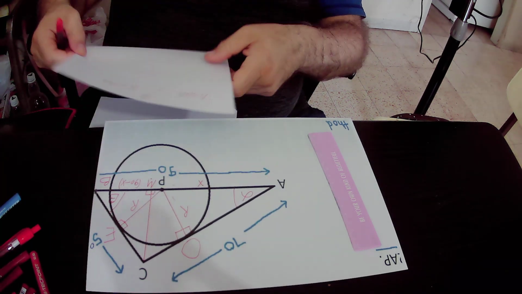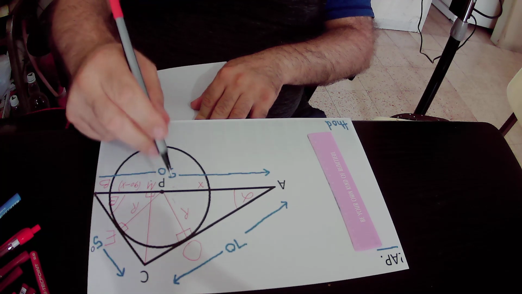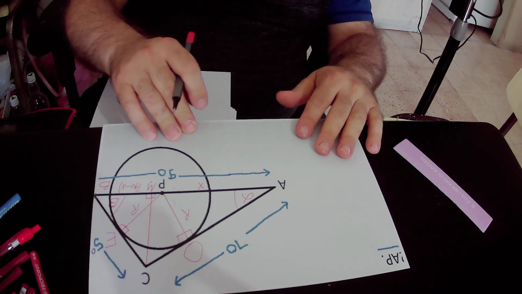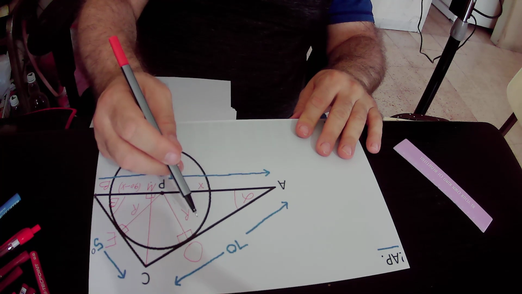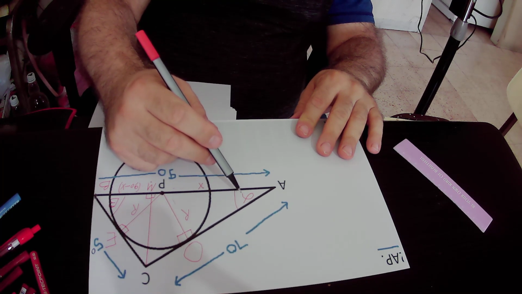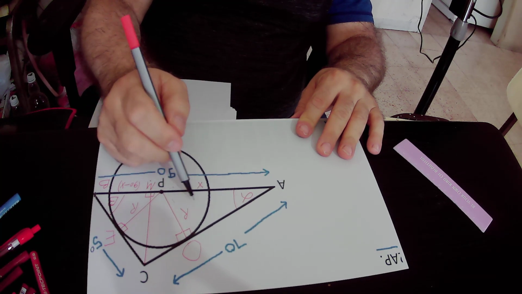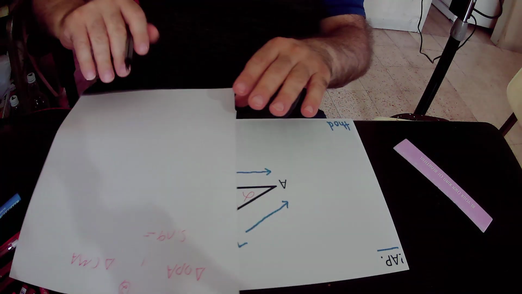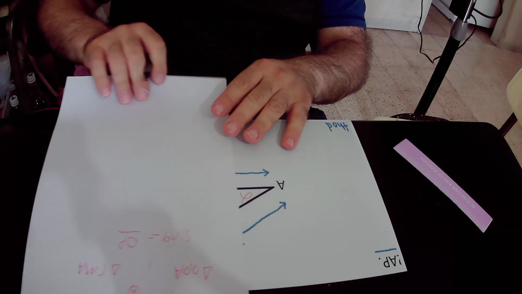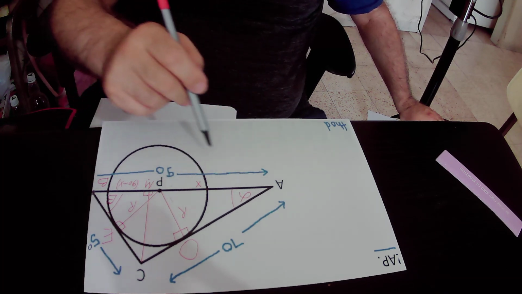Actually, sine alpha in the right triangle OPA equals the ratio between the side that is in front of angle alpha, which is OP, divided by the hypotenuse of triangle OPA, which is AP.